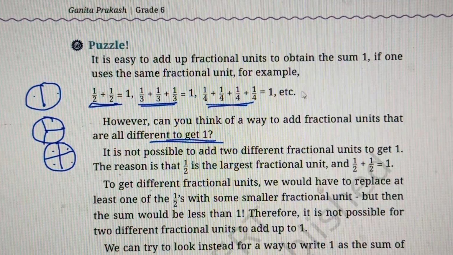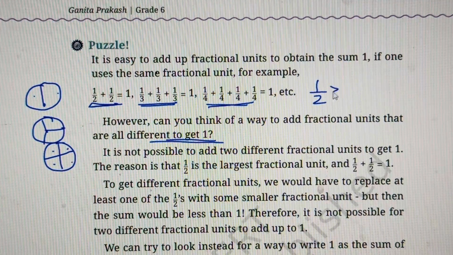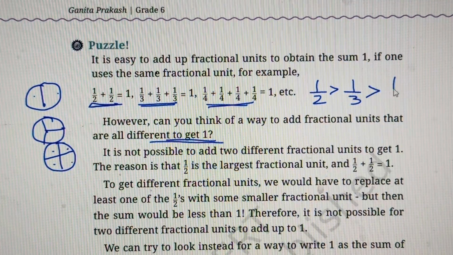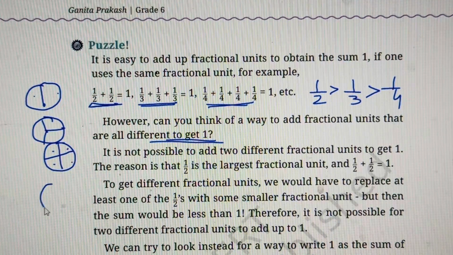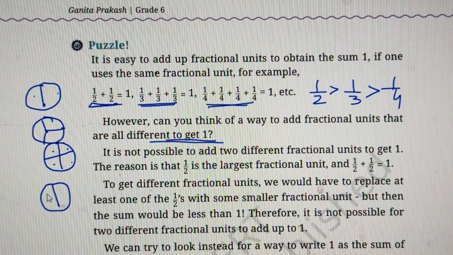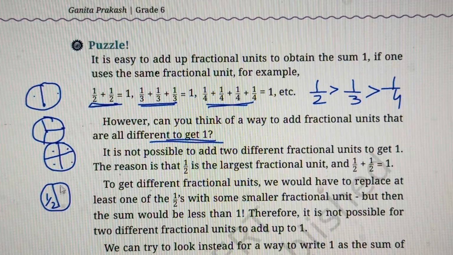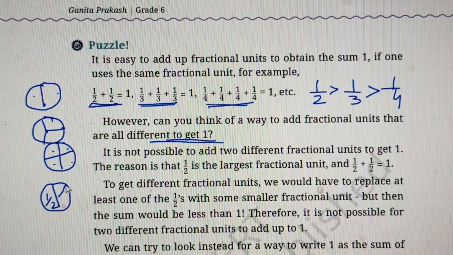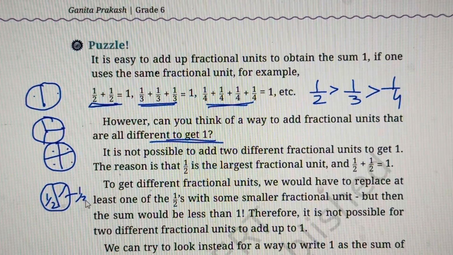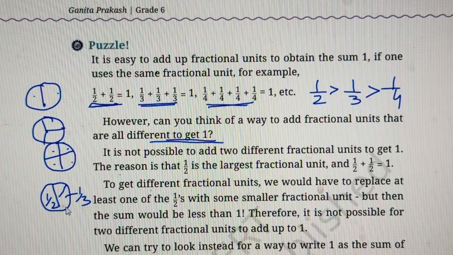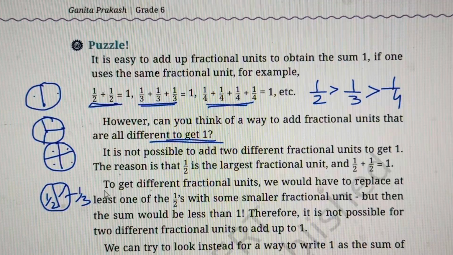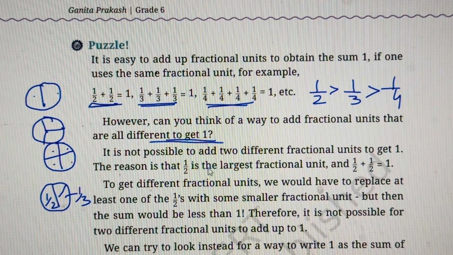The reason is that half is the largest fractional unit, right? This we understood, that half is the greatest, then comes 1/3, then comes 1/4. So if we take half, and whatever we take for the other portion will be either 1/3 or 1/4. Suppose we take 1/3. You cannot have the total as 1 because the other fractional unit will be less than half.